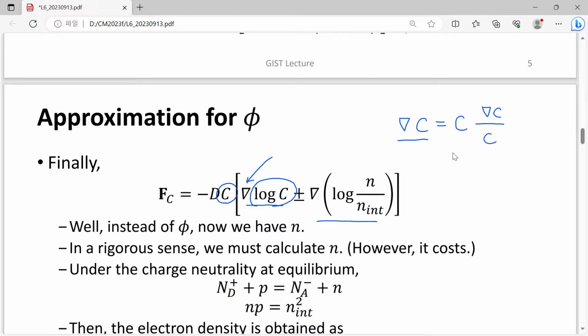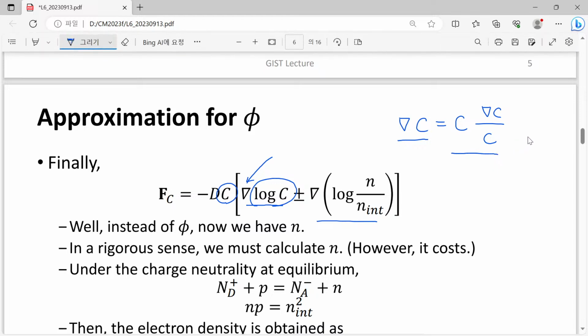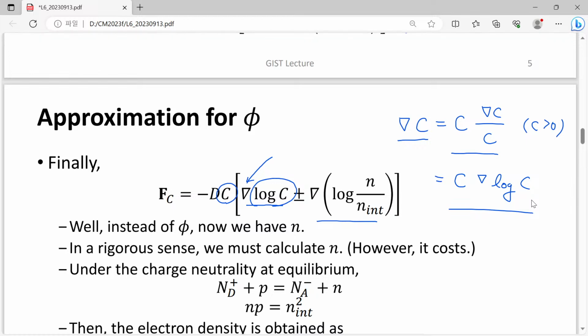Do you have any objection on it? Of course, we believe that C is a positive number, and also we will reformulate it as this gradient of log C. So if you have any objection on my formulation, then please let me know.